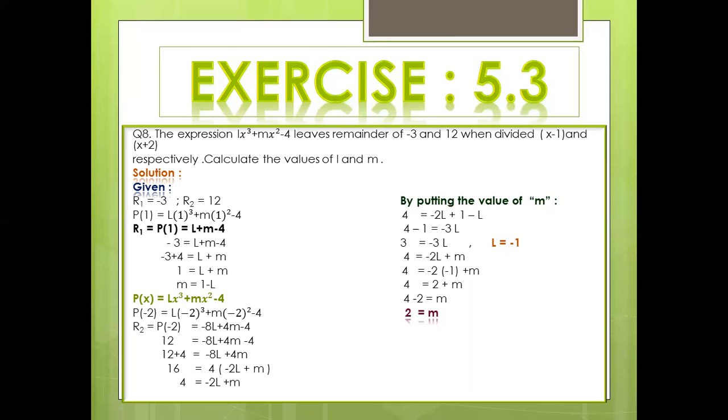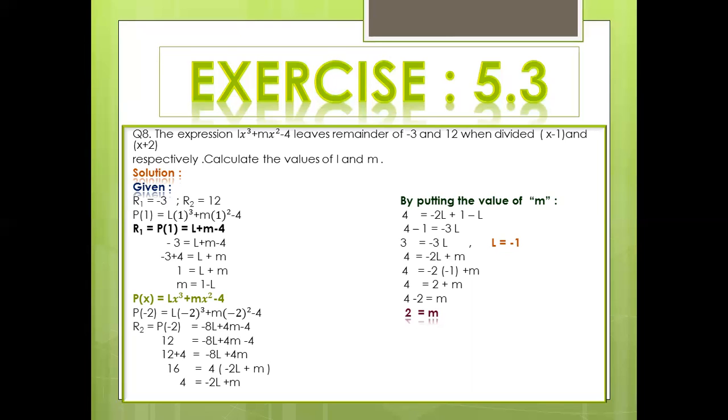The equation will become 4 is equal to minus 2L, and instead of m, we write plus 1 minus L. Minus 2L and minus L become minus 3L. Shift 1 to the other side. 4 minus 1, 3 is equal to minus 3L, and the value of L becomes minus 1.